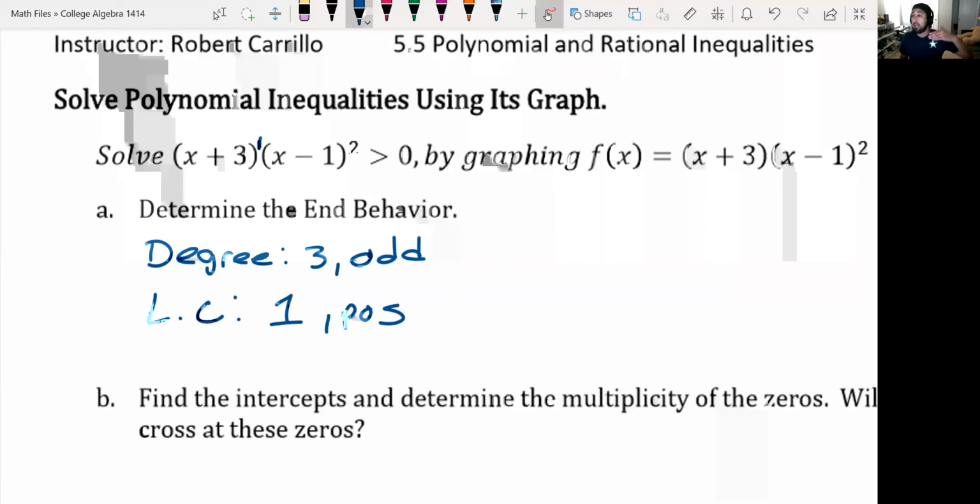If you have an odd degree with a positive leading coefficient, we open bottom left to top right. Odd degree, positive leading coefficient.